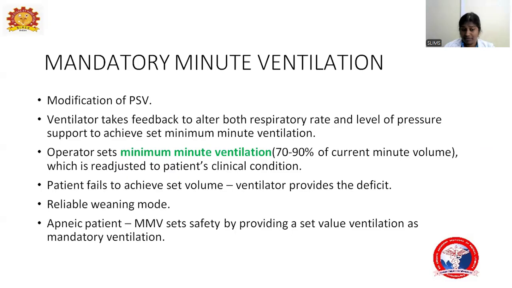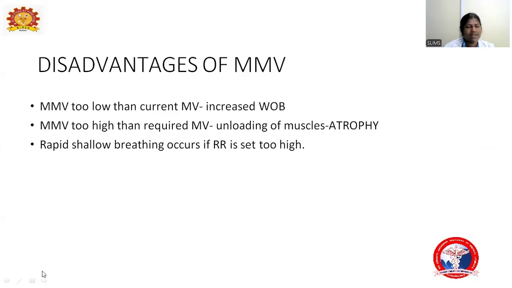It is a reliable weaning mode, and MMV works safely by providing a set value of ventilation as mandatory ventilation. So what are the disadvantages in MMV? If the set mandatory minute ventilation is too low compared to the current minute ventilation, then the patient will have increased work of breathing to achieve the minute ventilation.